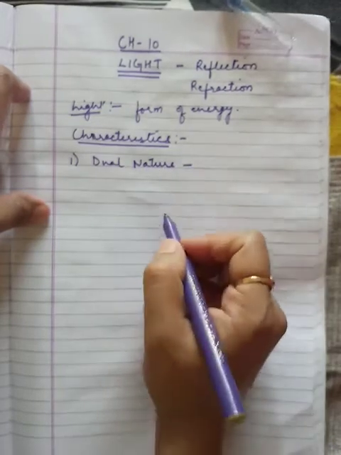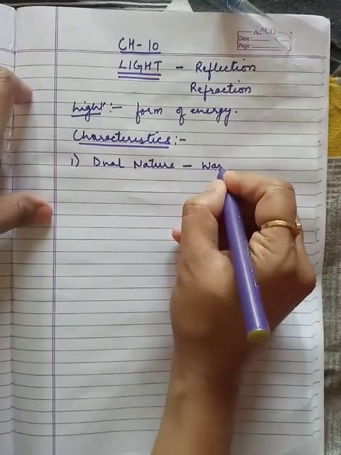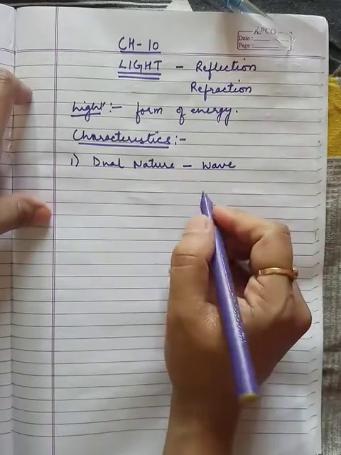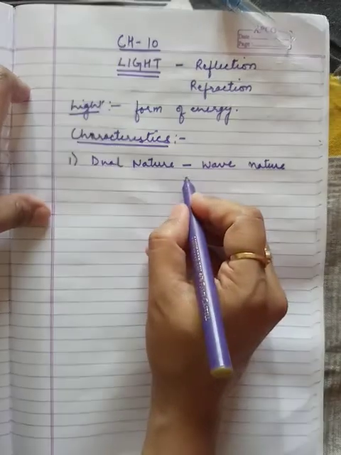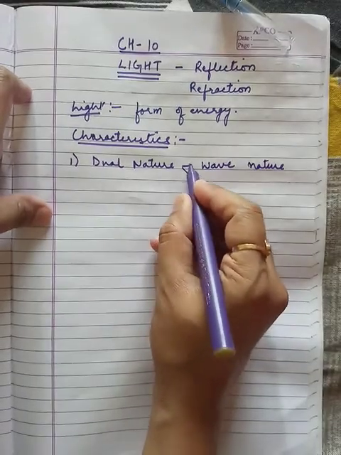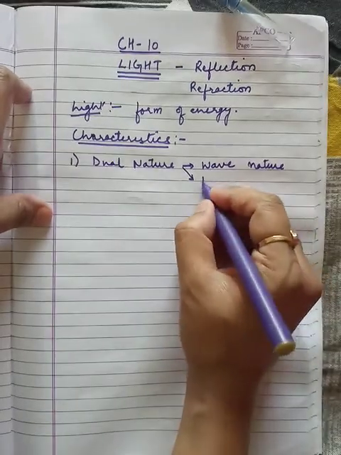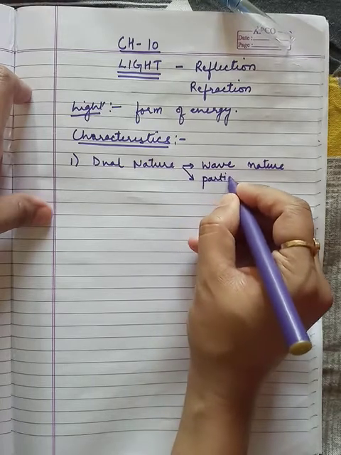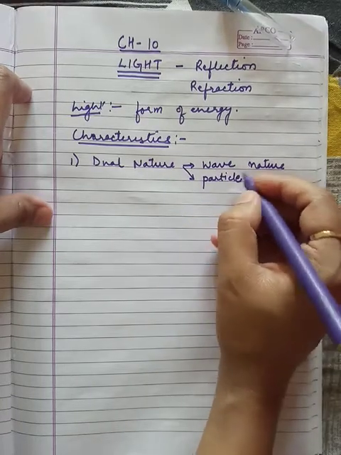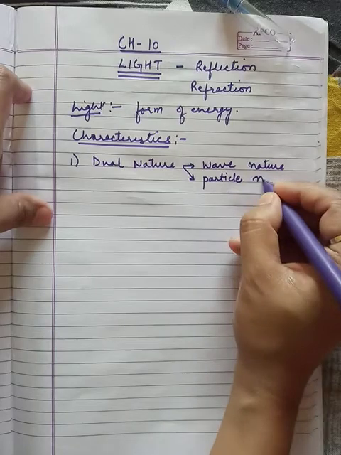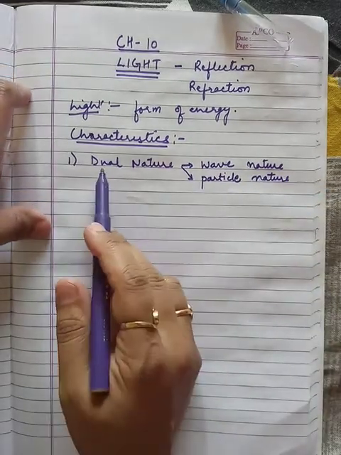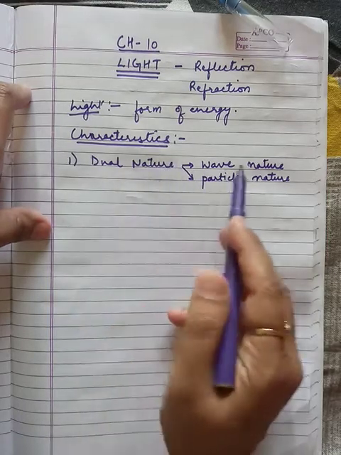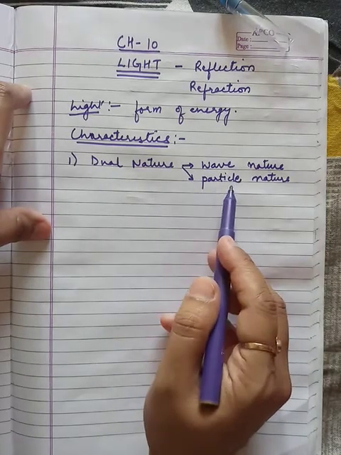Dual nature means it can travel in the form of a wave, that is called wave nature, and also it can travel in the form of particles, light particles that we call. So it will lead to the particle nature of light. Okay, so light has dual nature, wave nature and particle nature.